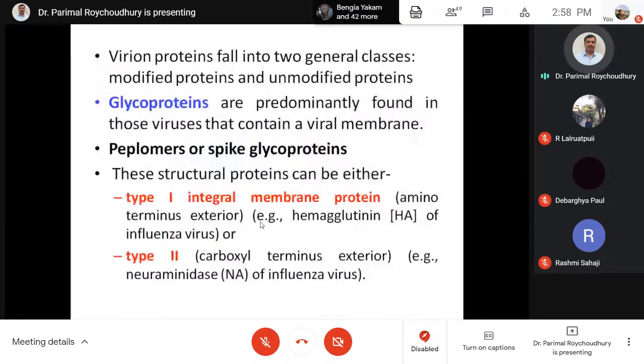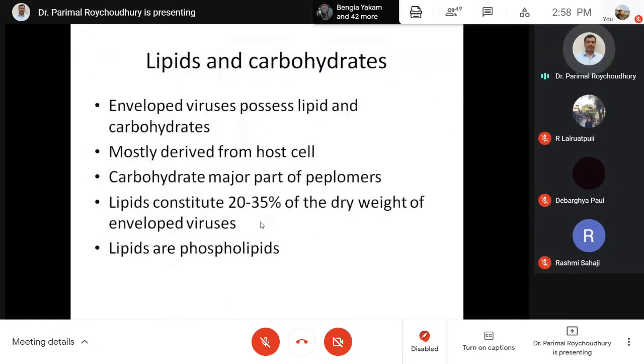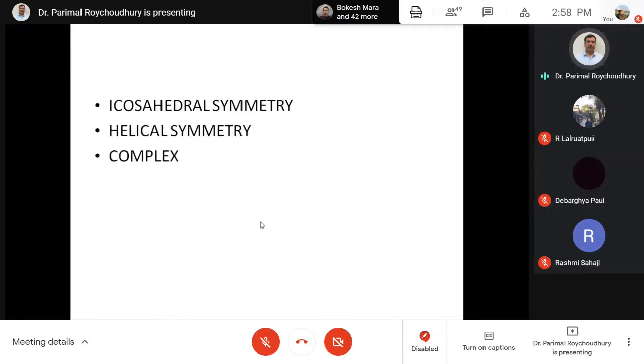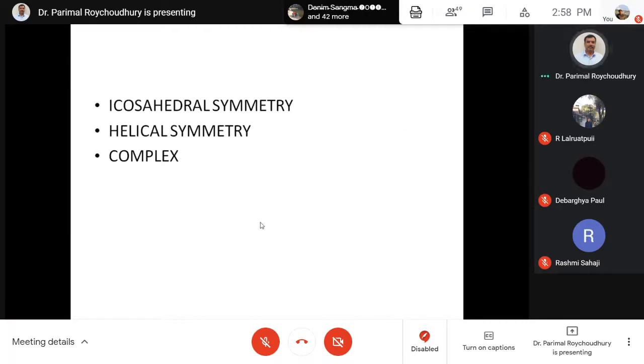Most are simple, they don't have much complication. So they had a very simple life, I should say, but you can see the level of devastation they can cause. So when we talk about the morphology and the structure of viruses, you'll find these capsids are formed by certain monomeric proteins called capsomers.